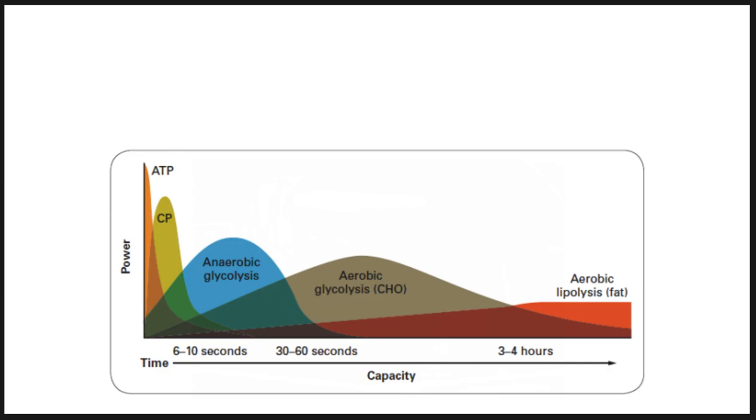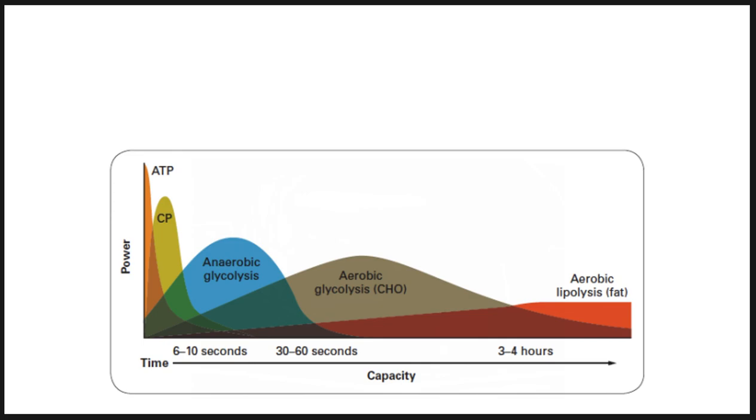And you can see here creatine phosphate, anaerobic glycolysis, carbohydrate dependent, produces lactate, aerobic glycolysis, carbohydrate dependent, and then moving into aerobic lipolysis, fat burning.